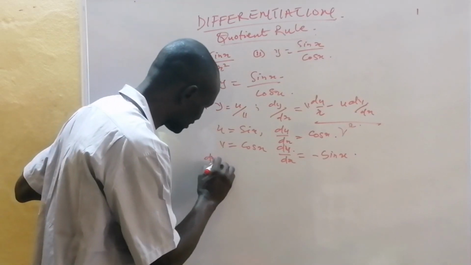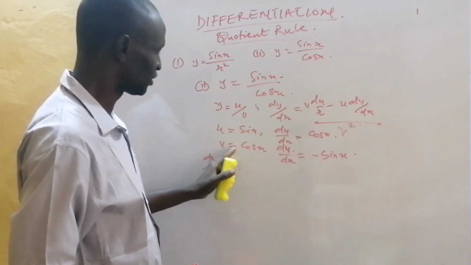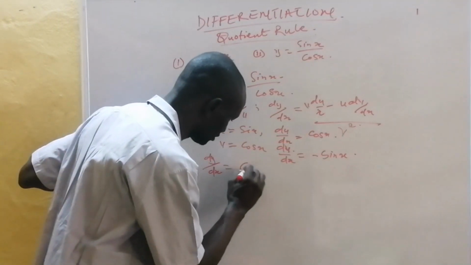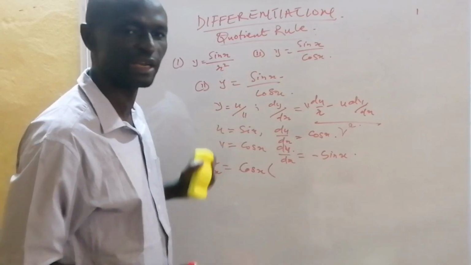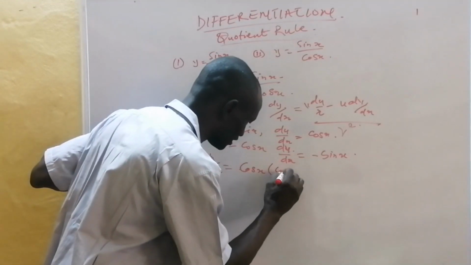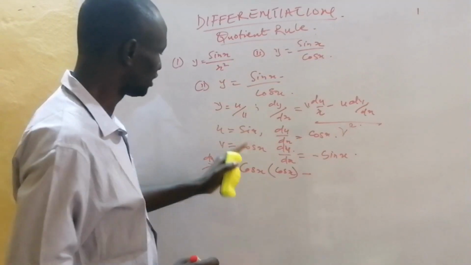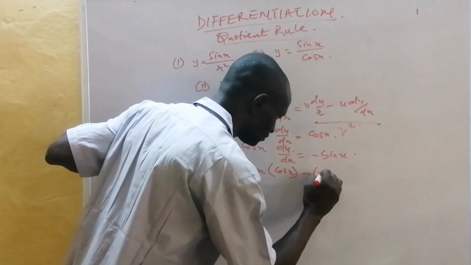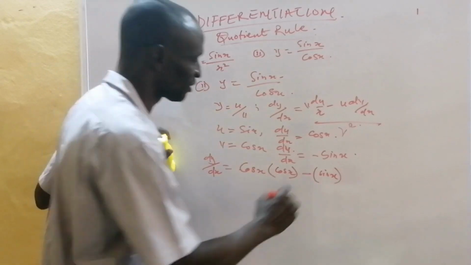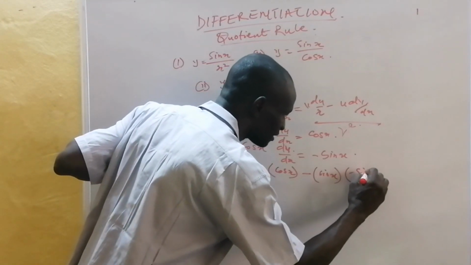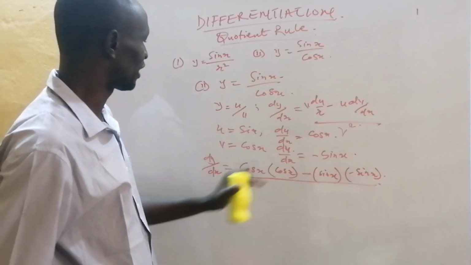My dy/dx, let's substitute in our modern equation. My v is cos x. It becomes cos x into my du/dx, which is cos x, another cos x on its own, minus my u, which is sine x, and my dv/dx is minus sine x, everything over v squared.